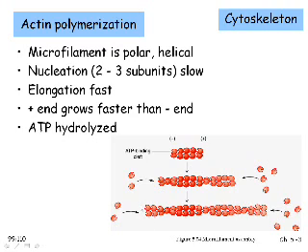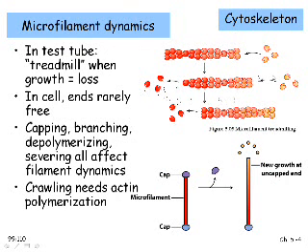And if you kept on letting it polymerize till you used up most of the subunits, you'd end up at a point where they were adding to this end at the rate that they were falling off of that end, that they're not actually making new net filament, but they're bouncing off. And that shows up here, that if you let the polymerization reaction go to completion in a test tube, you'll have some point at which you have addition of subunits at the plus end and net loss at the minus end.